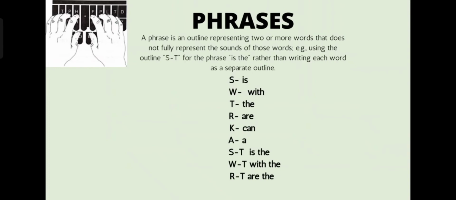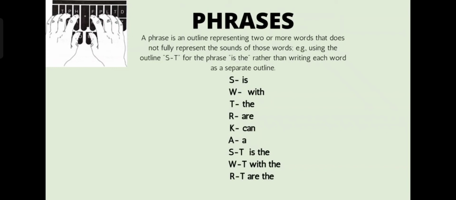If you remember your shorthand, Gregg, you have brief forms and phrases. We also have that in the steno machine, or machine shorthand. A phrase is an outline representing two or more words that does not fully represent the sound of those words. Like for example, S and T means is the, rather than writing each word as a separate outline.